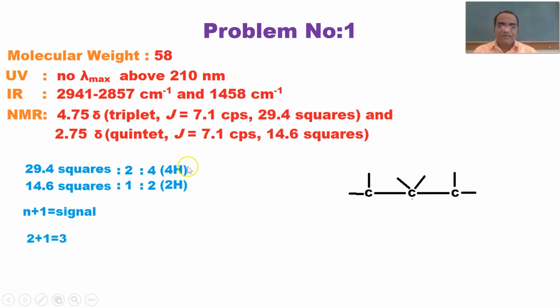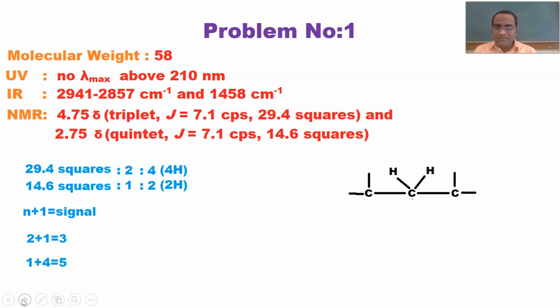One carbon cannot bear 4 hydrogens, it can bear a maximum of 3, but here the number of hydrogens is 4, so I have written 3 carbons. Looking at this triplet signal, I will write 2 hydrogens on the adjacent carbon atom. So now this first carbon will give a triplet because the adjacent carbon has 2 hydrogens.